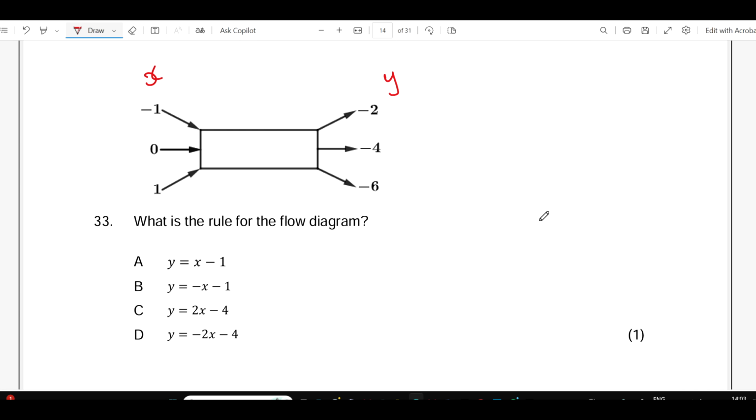What we are going to do here is to check how this one is going. -4 minus -2 is going to give me -2. I already know that my common difference, my m, is going to be -2x, because -4 minus -2 is going to give me -2, and -6 minus -4 is going to give me -2, must give me the same.